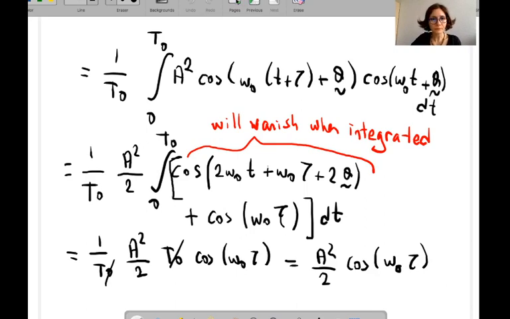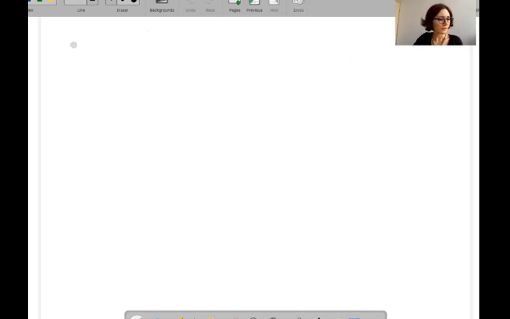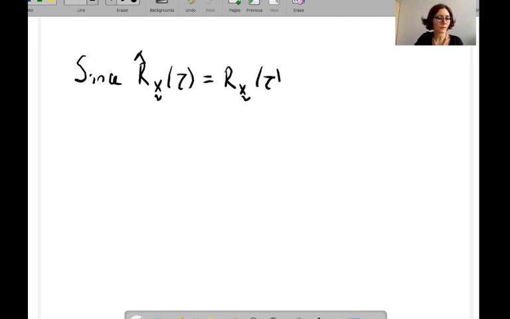So let's write this. Since the estimate of the ACF, Rx hat of tau, is equal to Rx of tau, and this holds for all tau, these two functions are the same actually. No matter what the value of tau is, these two values are the same, which tells you that these are equal functions.